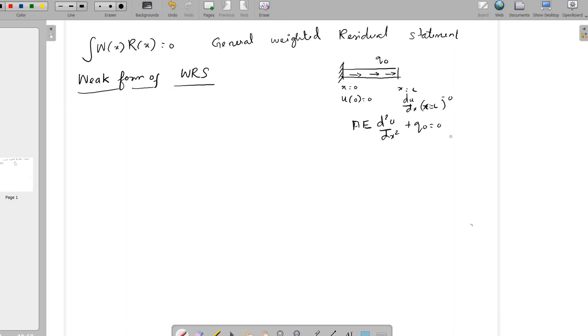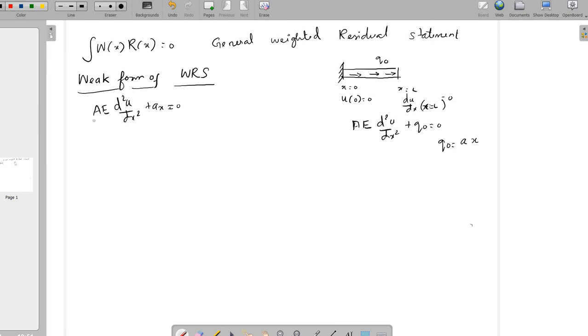To derive the weak form, I am making the external loading in variable form. So x is a variable, A is a loading at each point. A is a load, x is the variable along the axis of the bar element. So the governing equation for this problem is changed to AE d square u by dx square plus Ax equal to 0.